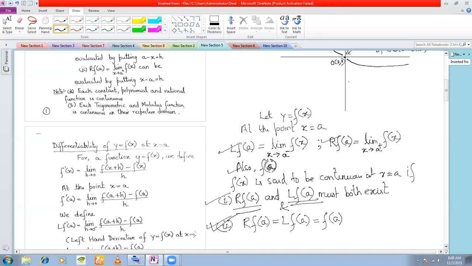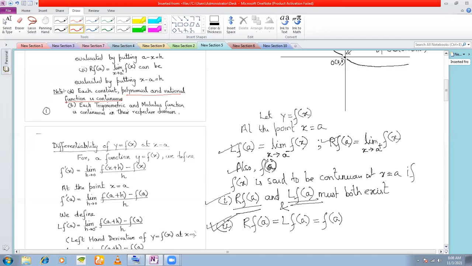Now, what you must remember here, as I've given you in a note, is that every constant function, polynomial function, and rational function is continuous. So if I give you a polynomial function and ask you to check its continuity, it will be continuous for every real number. A constant function will also be continuous for every real number.